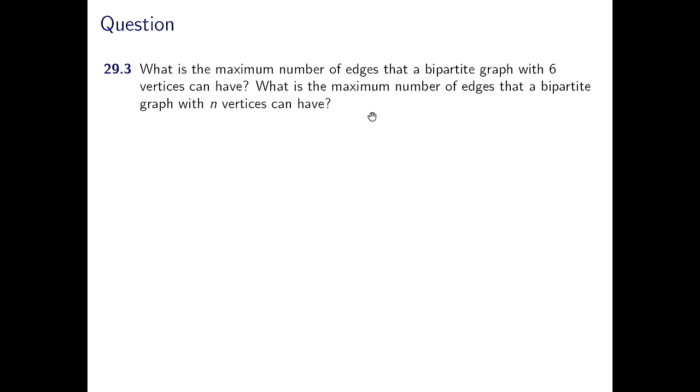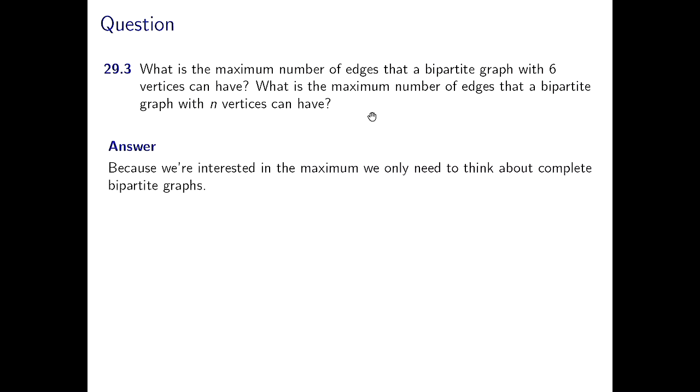What's the most number of edges we can cram into a bipartite graph that has 6 vertices in total? I heard 9. Why is that? Okay, so the idea is we're going to split it 3 and 3, and I think that's a good idea. So because we're trying to cram as many edges in as possible, we may as well make this a complete bipartite graph.